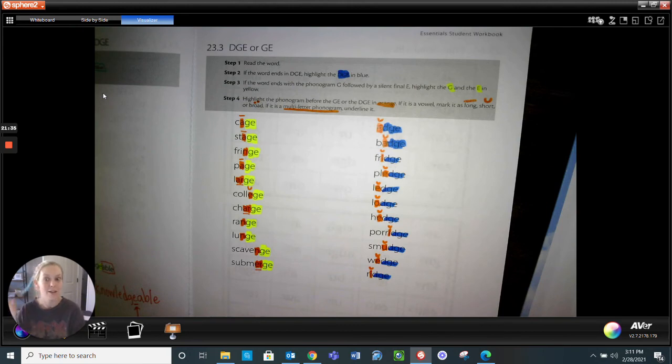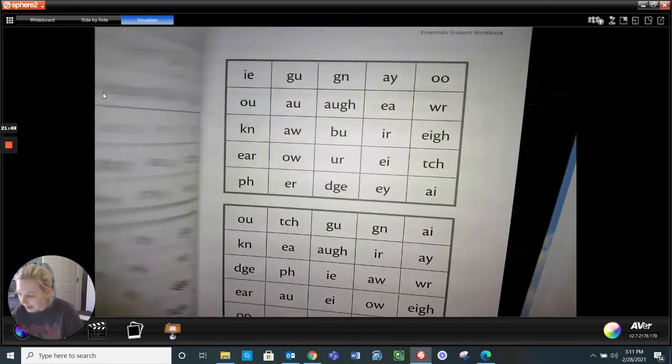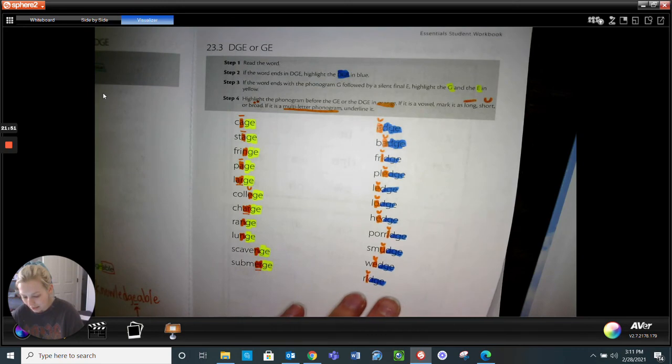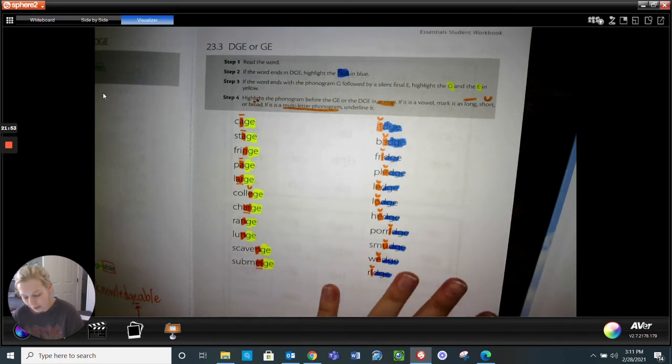So it kind of has all the options. But DGE is only after a single short sound. It's limited where it can be used. So when you're spelling, that should help you remember. All right, oh no, we're still on this page, just kidding.